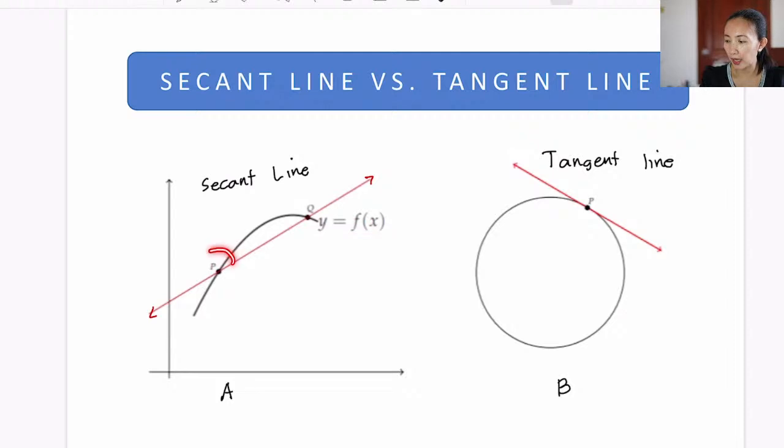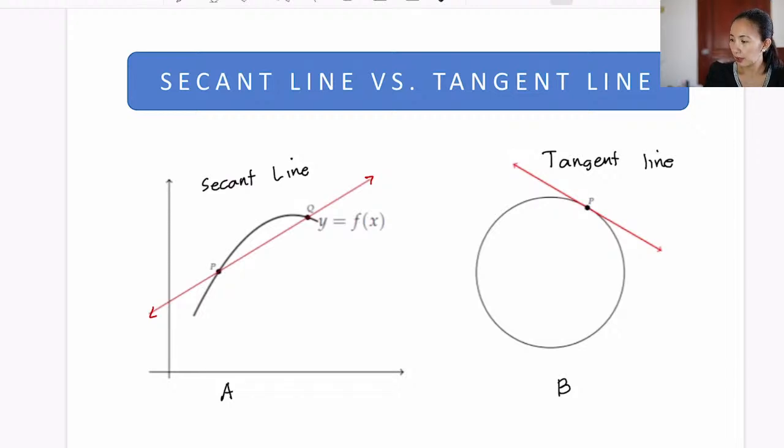Points P and Q. So that clearly distinguishes between a secant line and a tangent line. So once more, secant line crosses the graph of the function f of x at 2 points. Whereas the tangent line touches the curve or the graph at one and only 1 point. Okay, so that's the difference between a secant line and a tangent line.